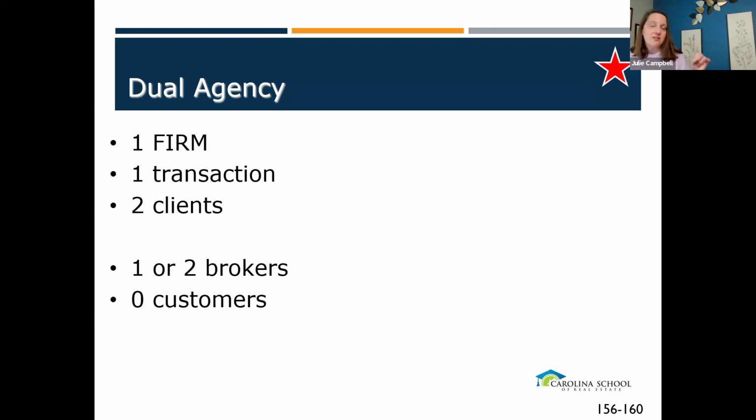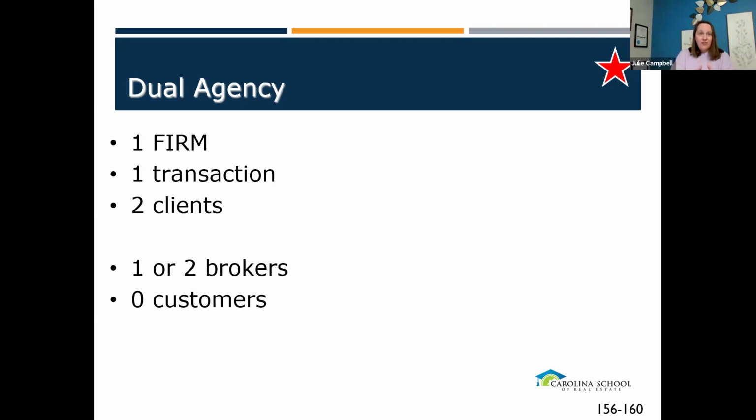It is not what's best for the clients, and it may not be what's best for the transaction. The firm has been put in a position where they have 2 kings that they are expected to serve equally and loyally in the same transaction.